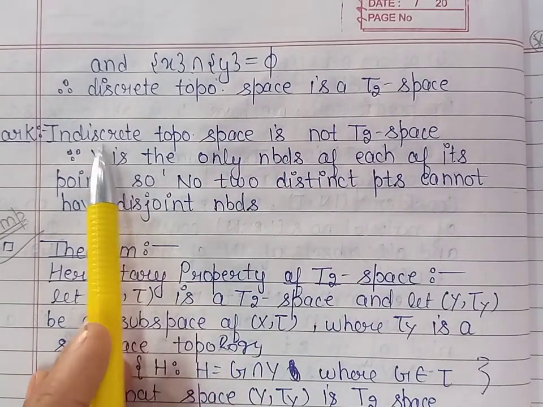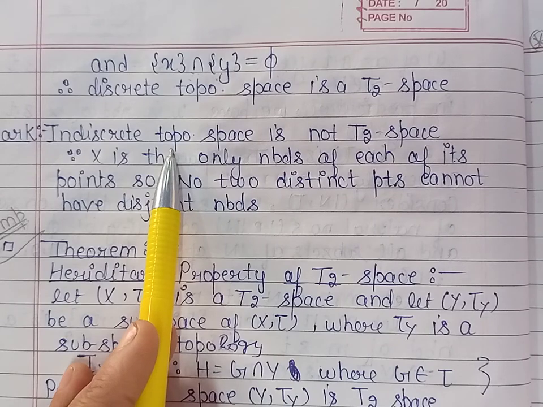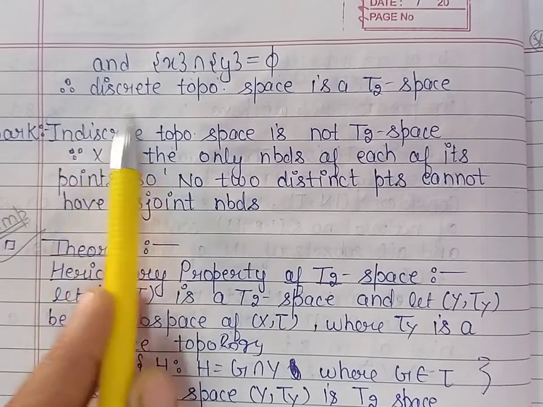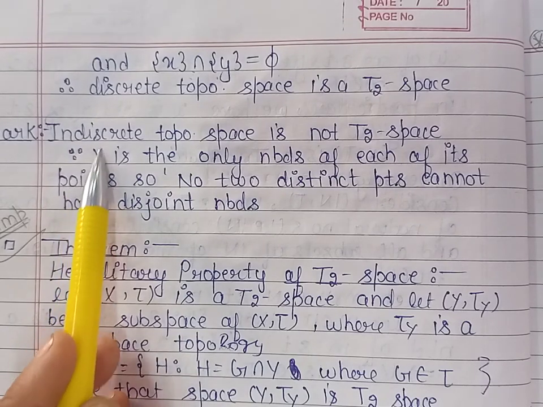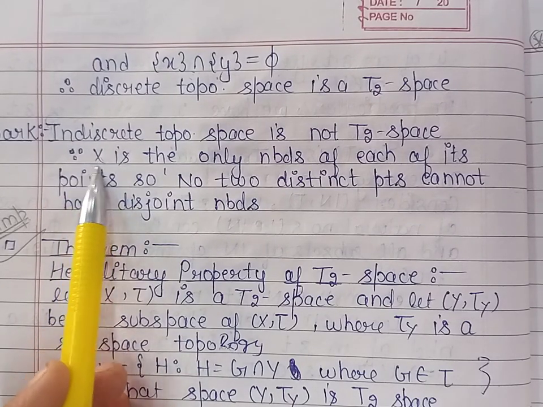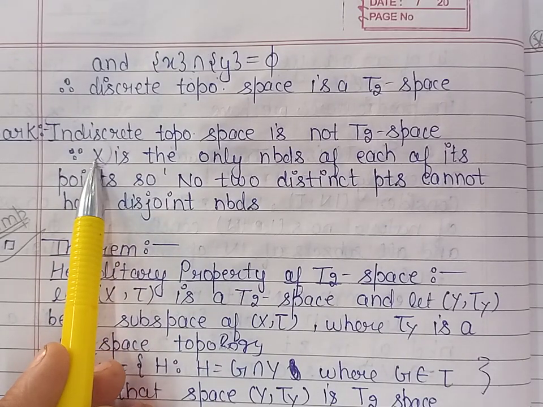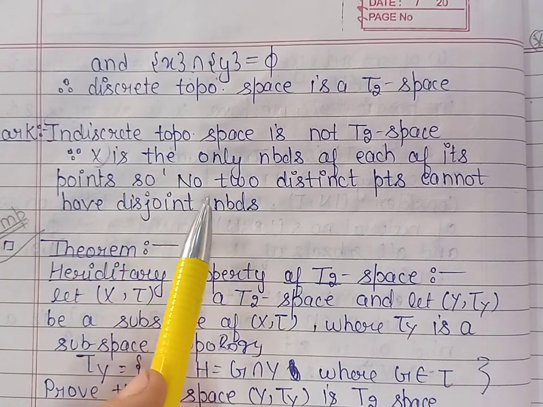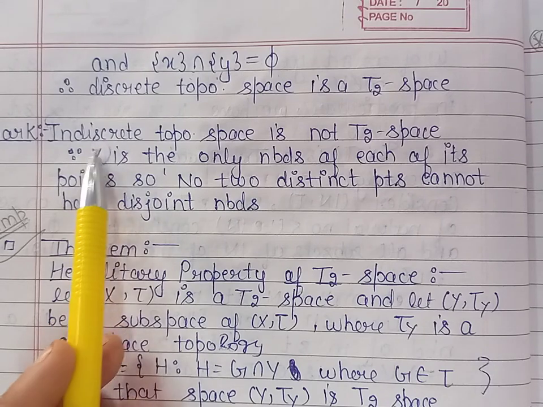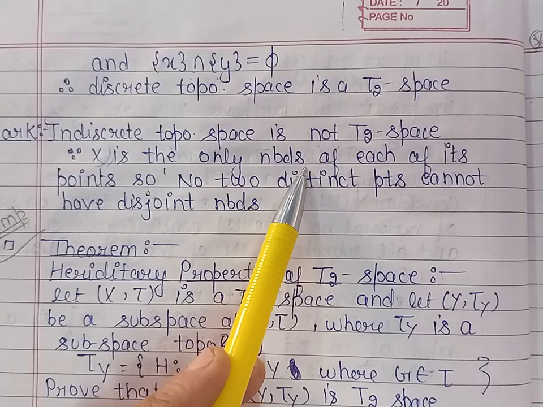Now let us see another example. The indiscrete topological space is not a T2 space because the indiscrete topology consists of only two open sets, phi and the whole space X. Now because X is the only non-empty open set in this topology, if we take two different points of X, then this X is the only neighborhood of x as well as y.